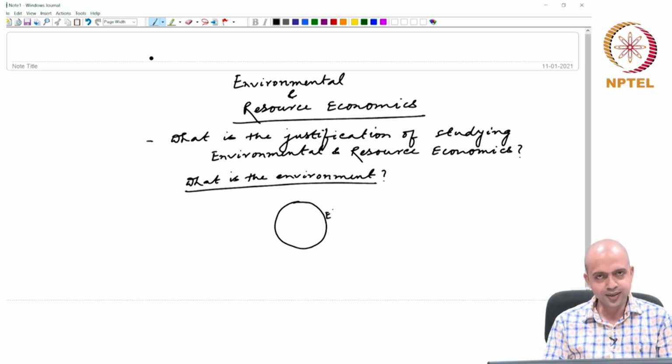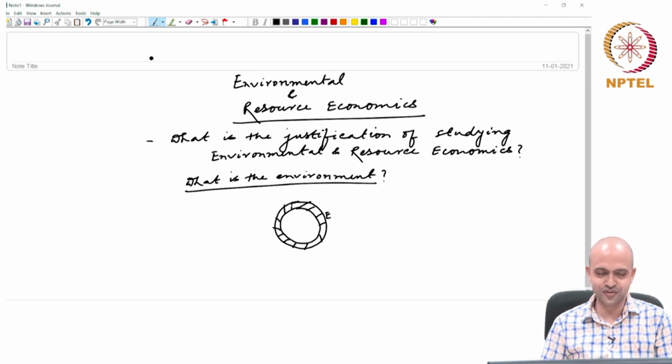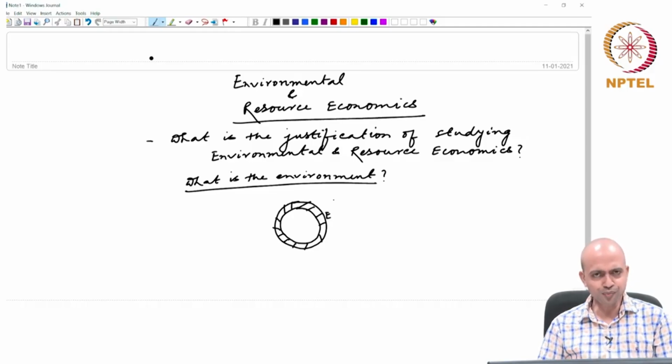There is an inner layer around this earth, where you will get all the valuable minerals like coal, oil, and several other minerals. Do you remember what this inner layer is called?